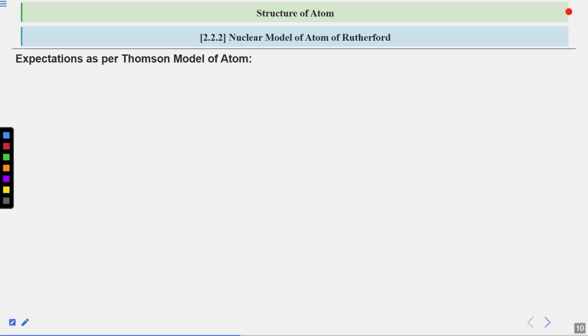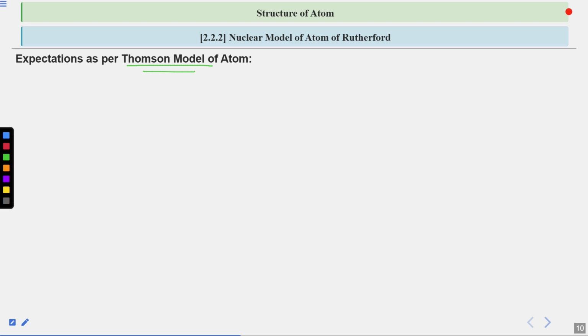Now, what would be the expectation if the Thomson model of the atom was true? No, it is not used as a colorimeter. We are not doing that because an alpha particle is not a radiation; it is not vibrating in different planes.